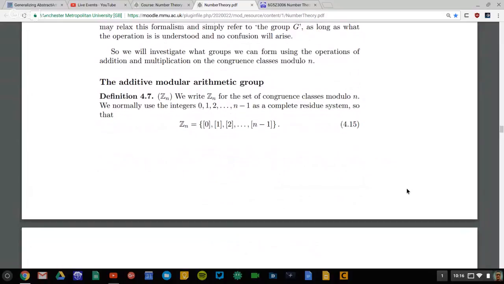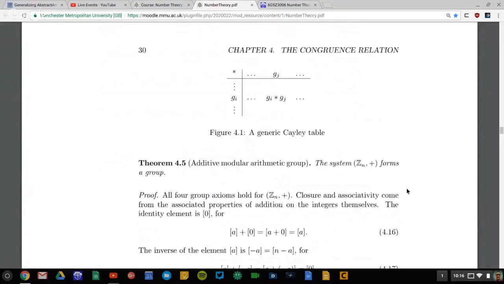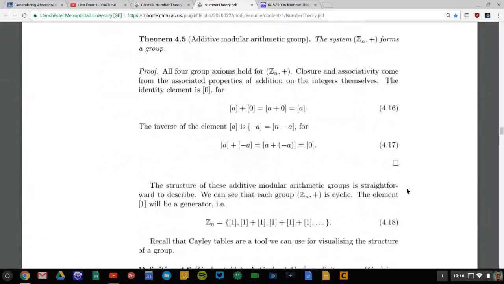Okay, so that's contained in theorem 4.5 over here. You just need to check the various conditions. It's clearly closed. There is an identity element, namely the congruence class of 0. When you add the congruence class of 0 to any other congruence class, it's just the same as the other congruence class.